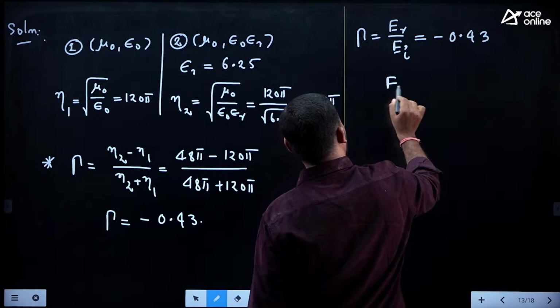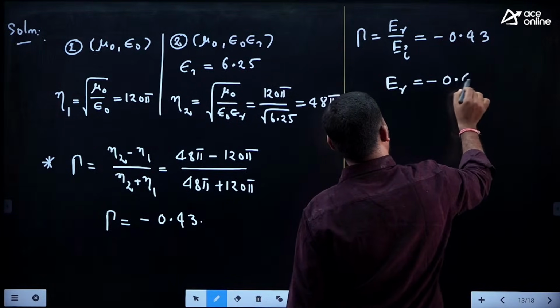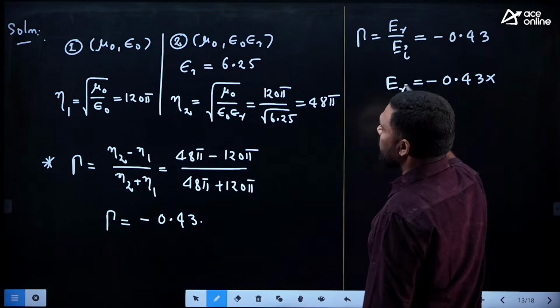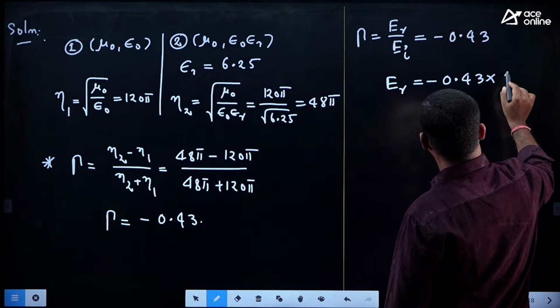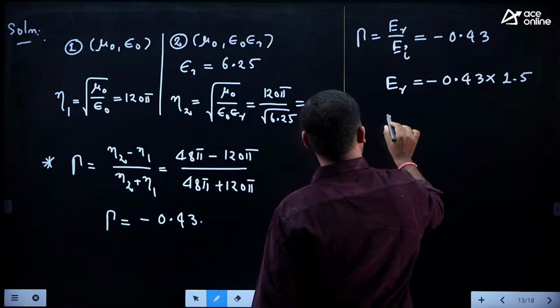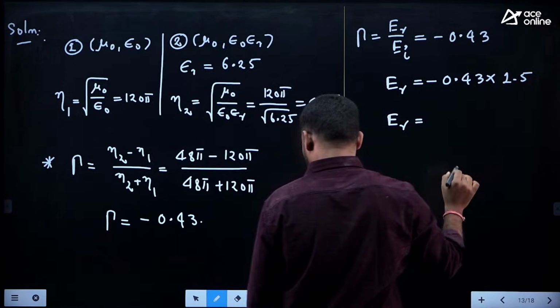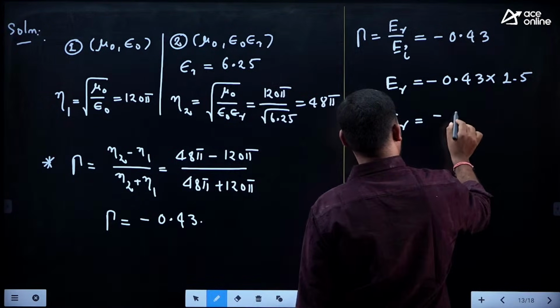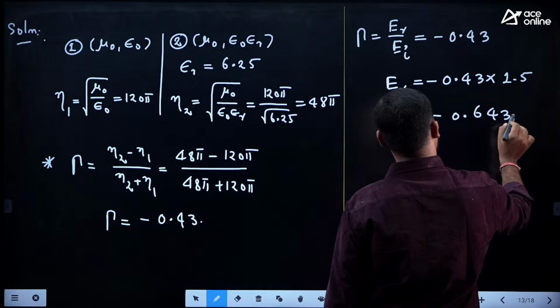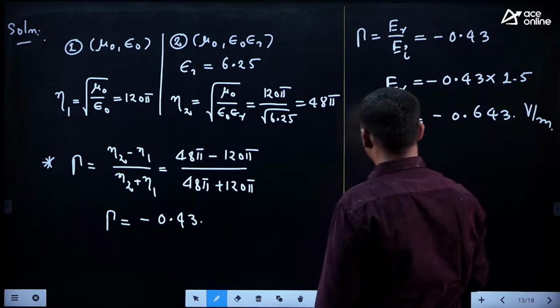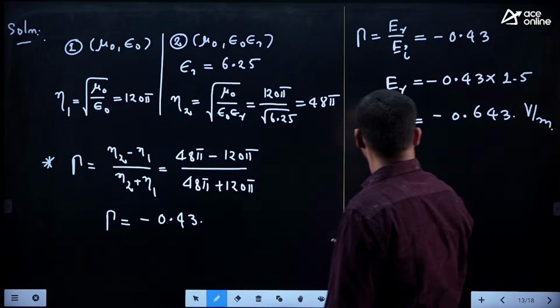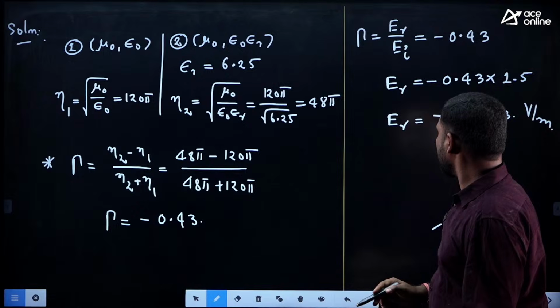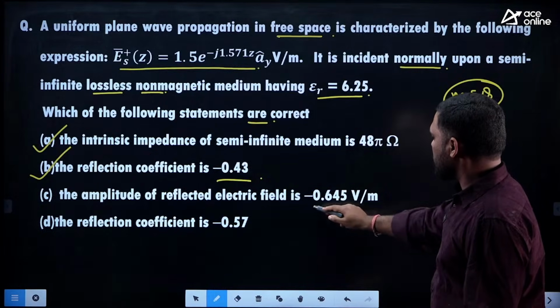So the reflected is minus 0.43 into the incident 1.5. You can just multiply here. My calculator shows its value as minus 0.643 volt per meter. Is that correct? Minus 0.643, correct.